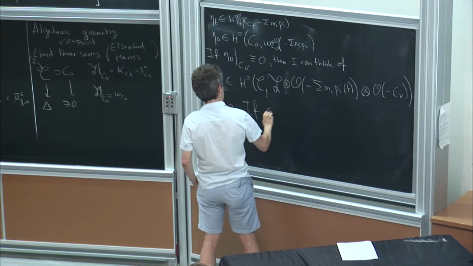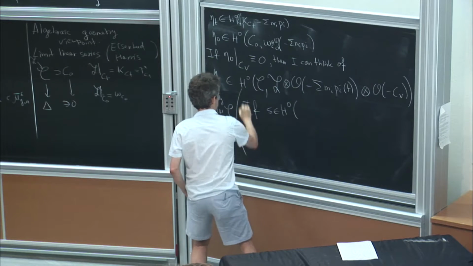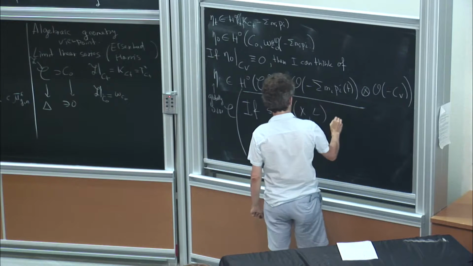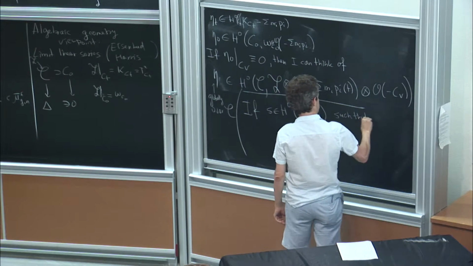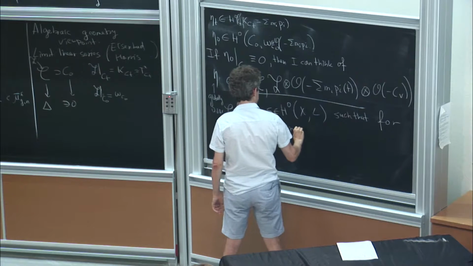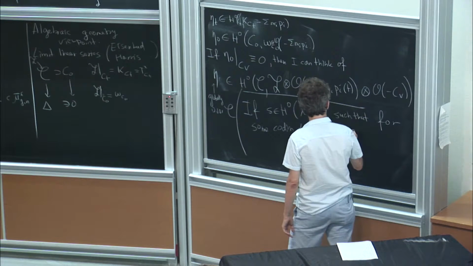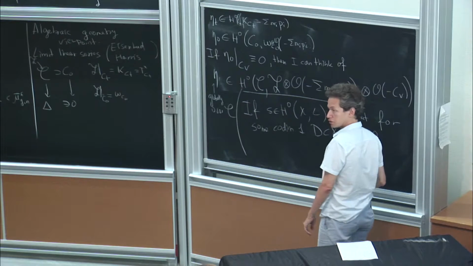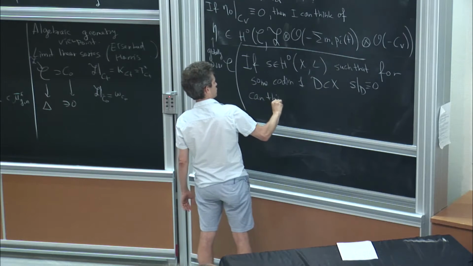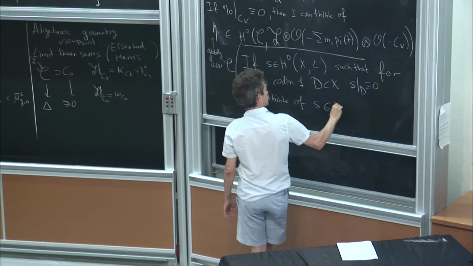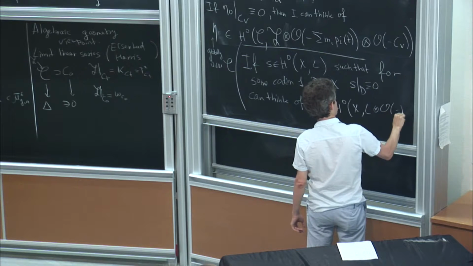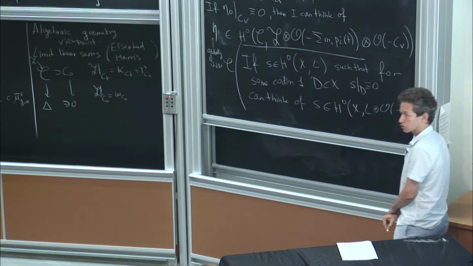If S is a section of a line bundle on a complex manifold, variety, stack, orbifold, never mind, such that for some divisor, which means codimension 1, D inside X, S restricted to D is identically 0, I can think of S as a section of this line bundle twisted by D. Okay?